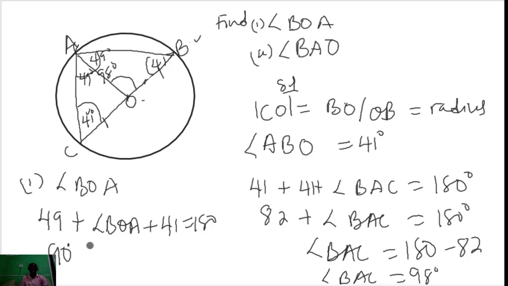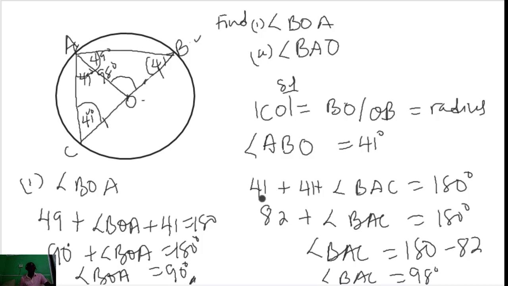So 90 plus angle BOA is equal to 180. So therefore angle BOA will give us 90 degrees. Good. So let's find the other side.